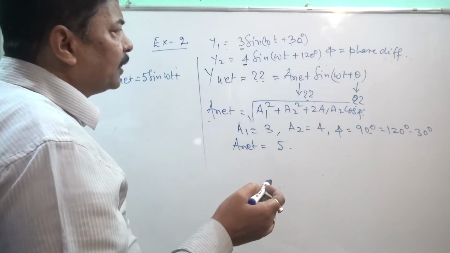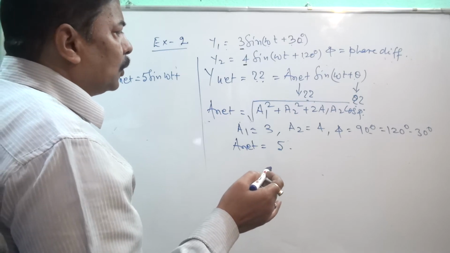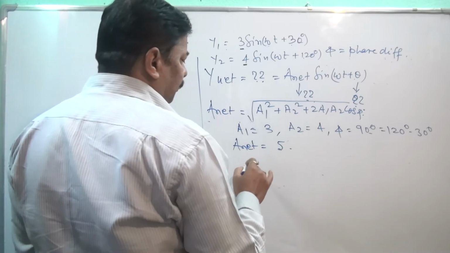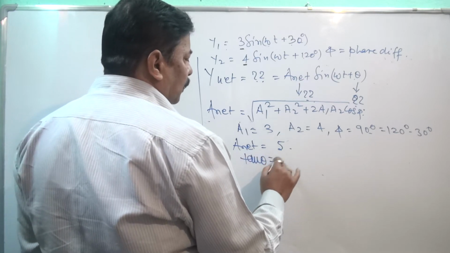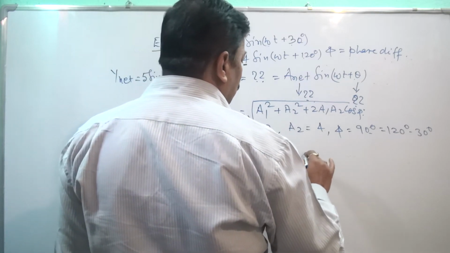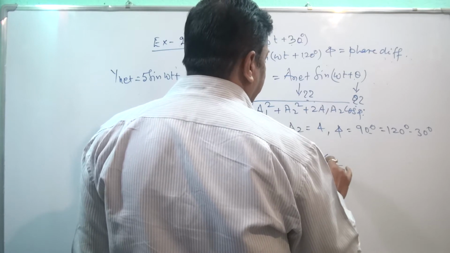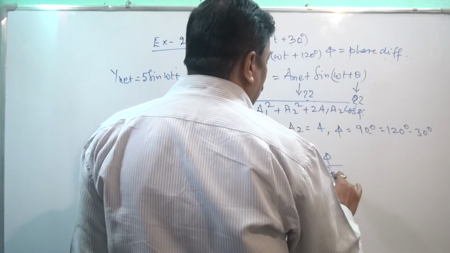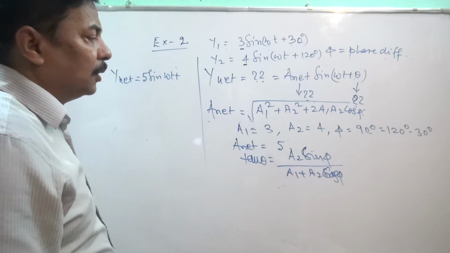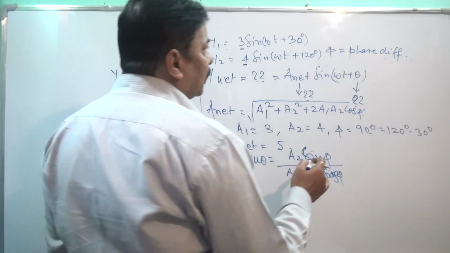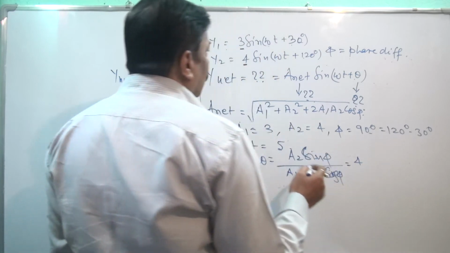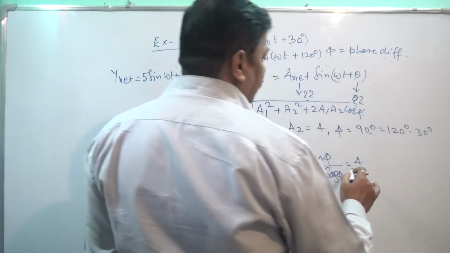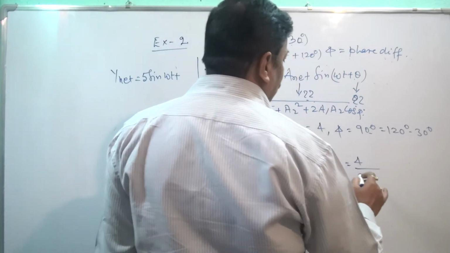We get tan theta is equal to A2 sine phi over A1 plus A2 cos phi. This we have got. So phi is your 90, so it is 4 by A1, which is 3.